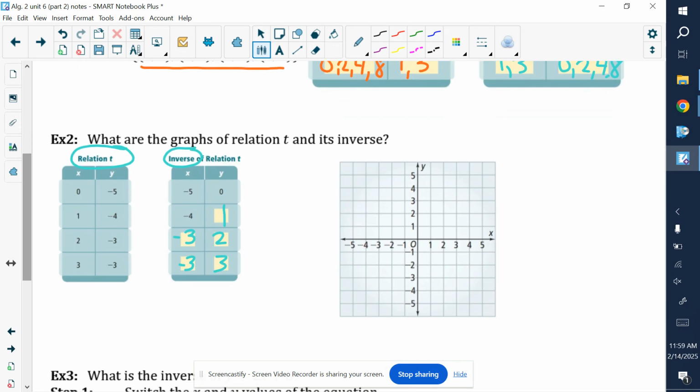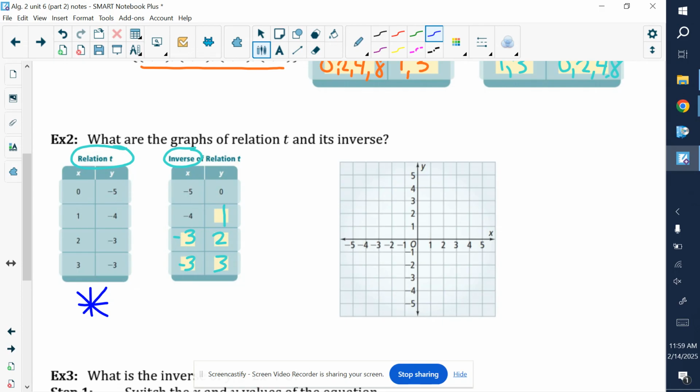Now we're going to plot those. And this is where I want you using 2 different colors, okay? Or maybe a colored pen and a pencil when we graph relations and their inverses. So as we look at the packet, we need to see 2 different colors. So I'm going to asterisk or do my key.